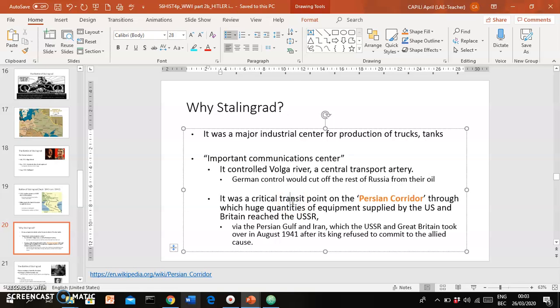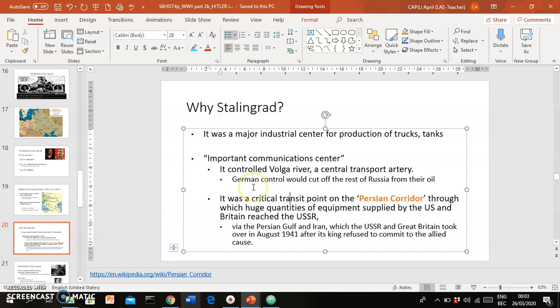Another important point is that Stalingrad is an important part of the route that allowed the Allies to supply Russia with food, equipment, and resources.